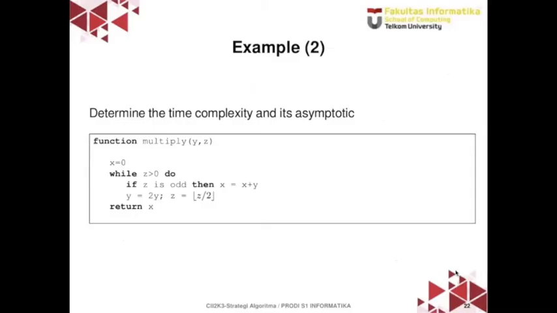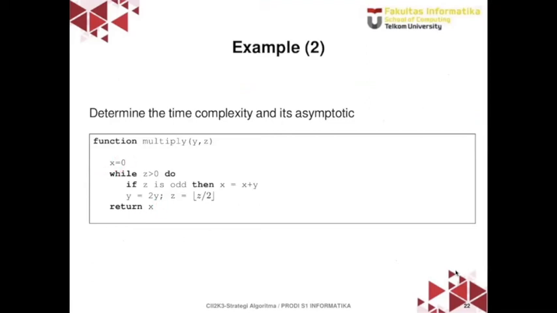The next one, we want to determine the time complexity and its asymptotic again. So here we study the algorithm first. Basically, this algorithm multiplies x and z, and returns the value of x.